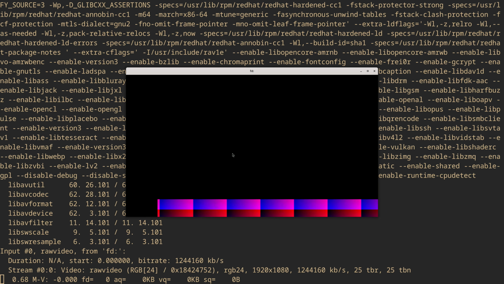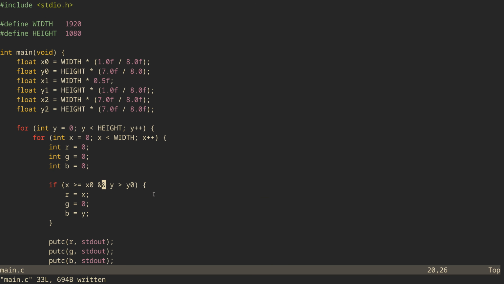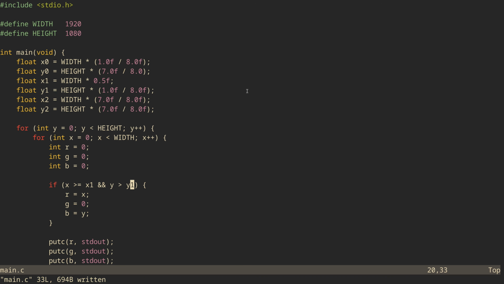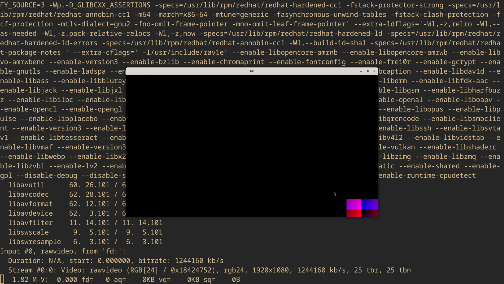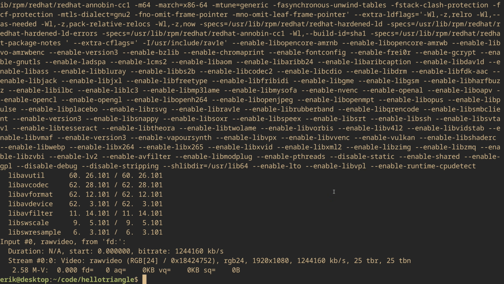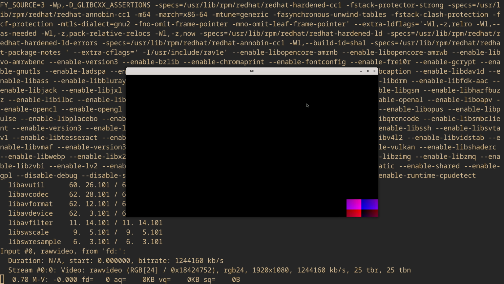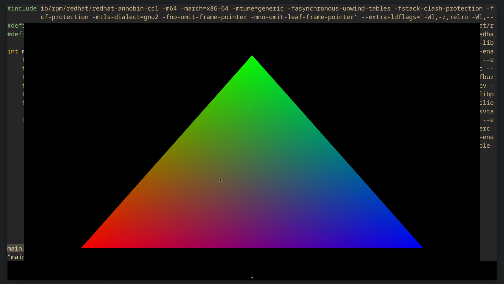So if we look at what our x0, y0 is down here, our x1, y1 is up here, and our x2, y2 is down here. But because these are diagonal from each other, we can't just check against vertical and horizontal lines. We need a way to determine whether a point is on one side or another of a diagonal line.